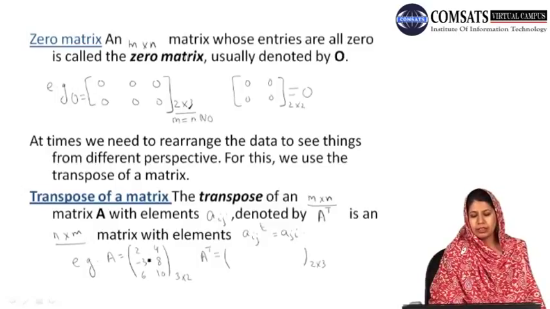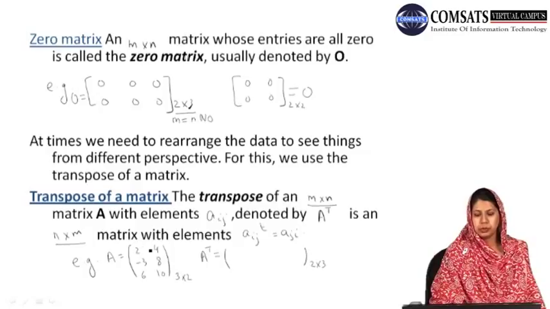We will interchange the columns with the rows. That is, n will now be m. So the first column, 2, -3, 6, will become the first row. And the second column will become the second row, that is 4, 8, 10. So the matrix obtained by interchanging the rows with the columns is a matrix of order 2 by 3, having 2 rows and 3 columns.